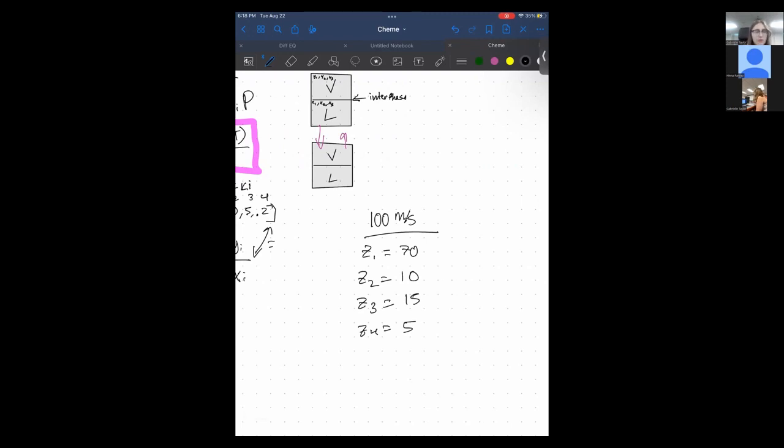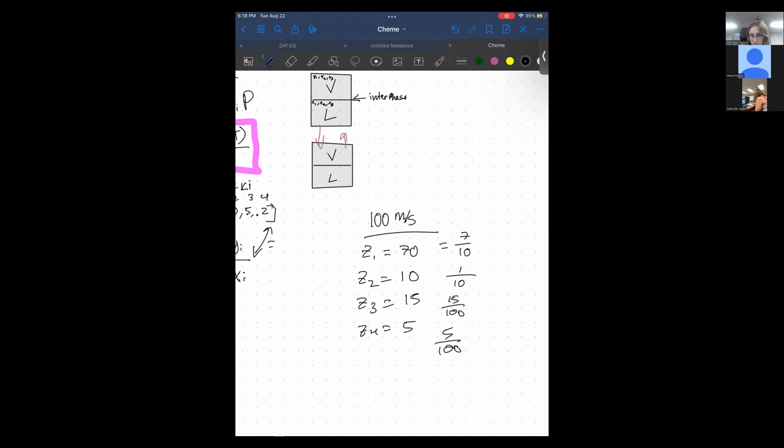So now if we do our mole fractions divided by our flow rate, we're going to get a fraction of 7 over 10, and then 1 over 10, right? And then 15 over 100, and then 5 over 100, right?